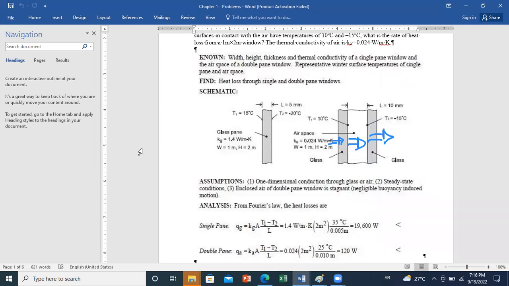What can we say about these fluxes through the system? Yes, Q is the same. Because Q is the same, I can write the following.